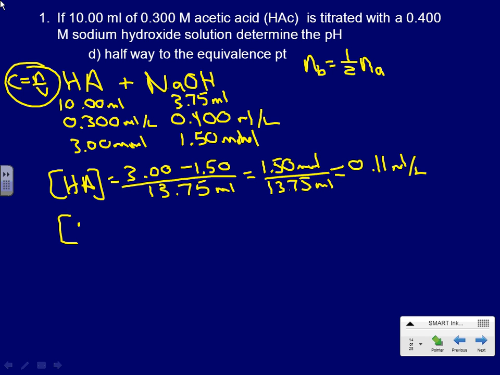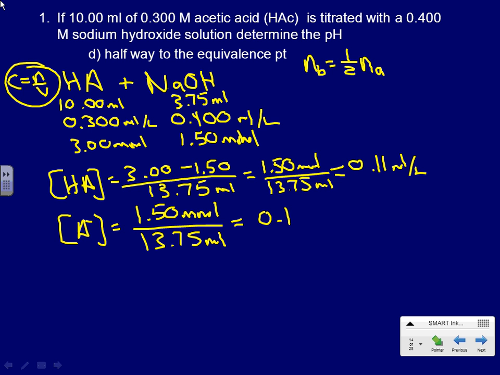And if I analyze the A minus, it's also 1.50 millimoles. Remember, that comes from the amount of base added over 13.75 milliliters, and you'll notice 0.11 moles per liter. They are the same.